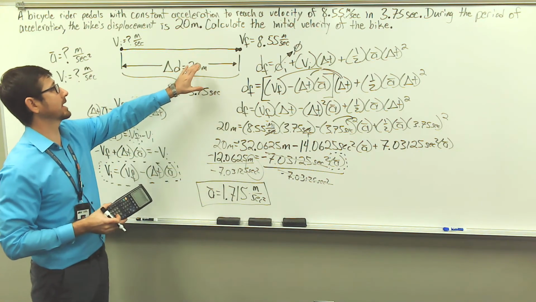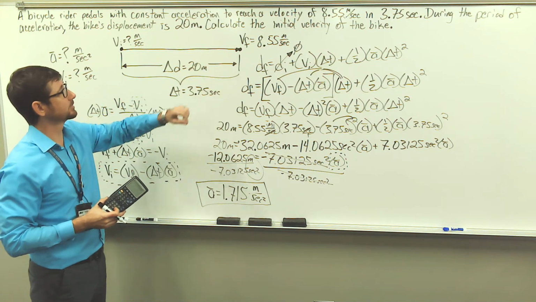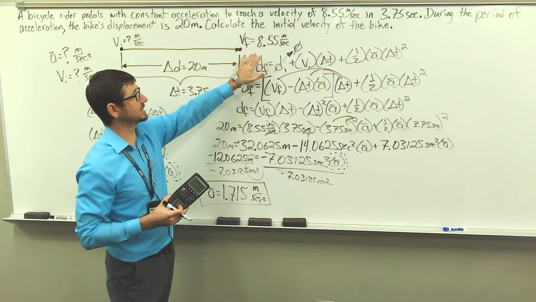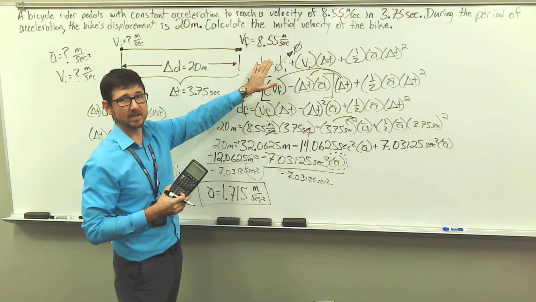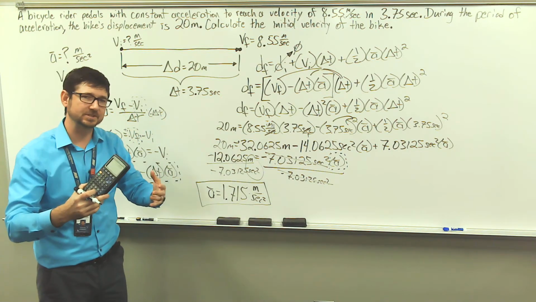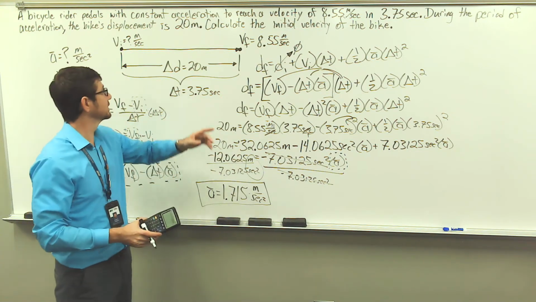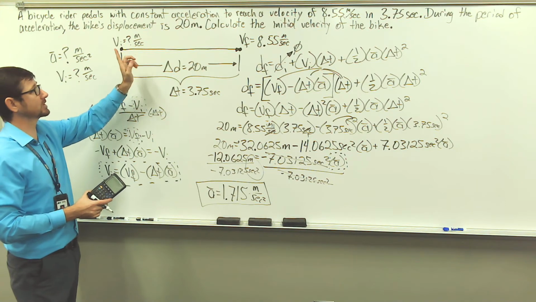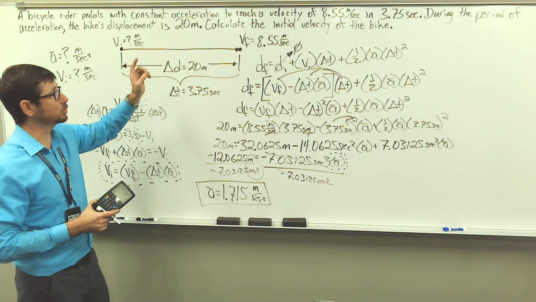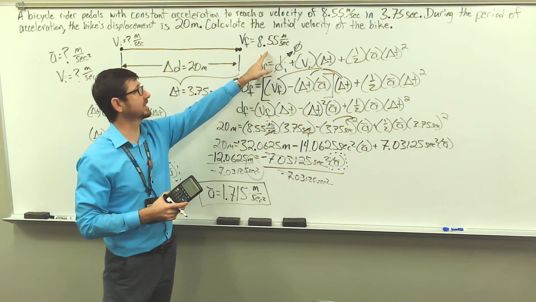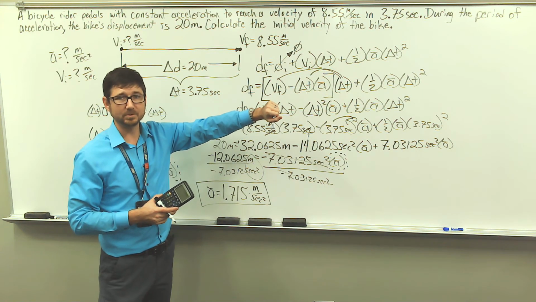So looking at my diagram that I drew up here, our final velocity is greater than our initial velocity. So just to make a prediction and do a reality check, we know that our initial velocity will be less than 8.55 meters per second.